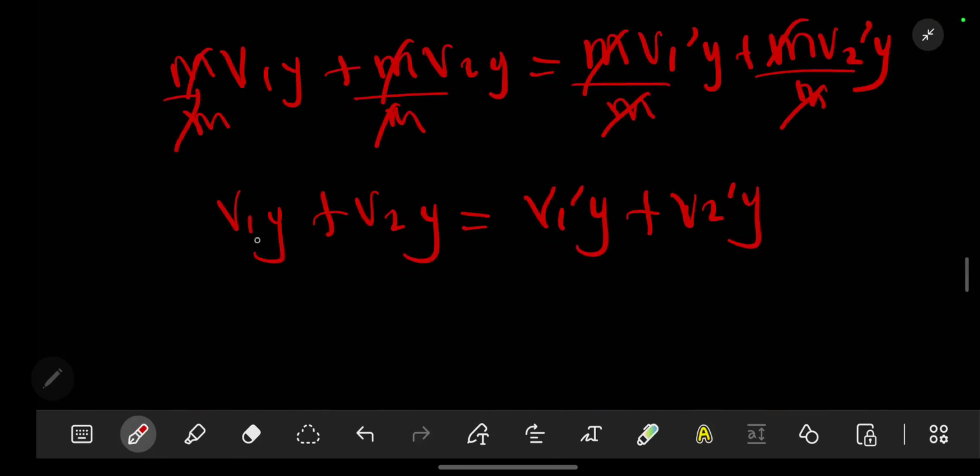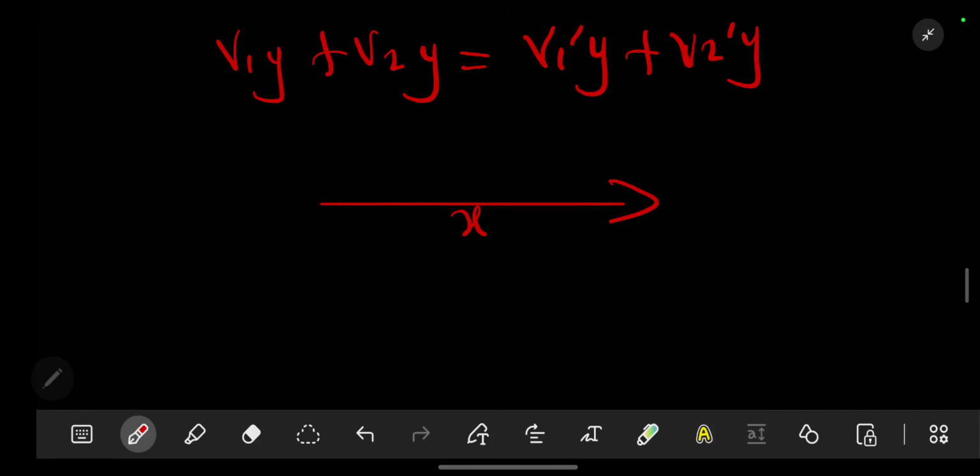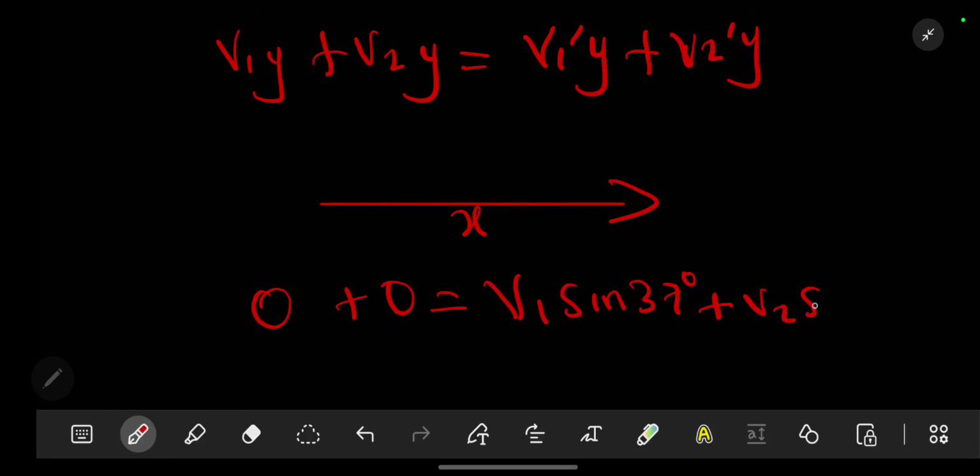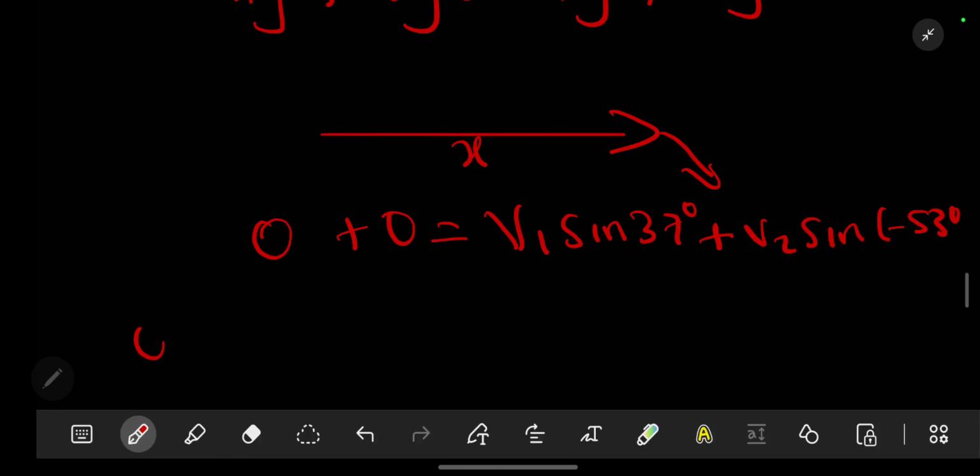So replacing, remember this ball was moving purely in the x-axis, so its y value is 0, so we say 0 plus 0 should be equal to v1. For the y, it will be sine of 37 degrees plus v2 sine of, the other one goes down, negative 53 degrees, which will be equal to 0 plus 0 is 0, should be equal to v1 sine of 37 degrees.